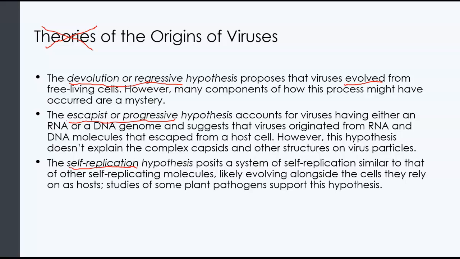Plants have evolved bright colors and scents to attract the pollinators, and then the pollinators have evolved long proboscis to get to the inside of the flower, and bees have evolved little dances that they perform to tell other bees the location of the flowers. So they have evolved together over the years. And this self-replication hypothesis is kind of based on that.